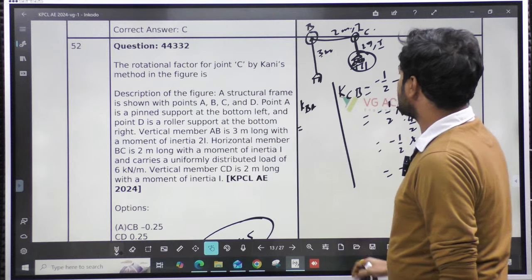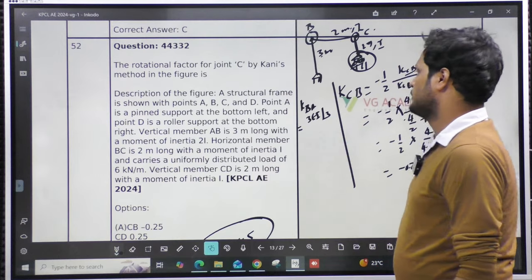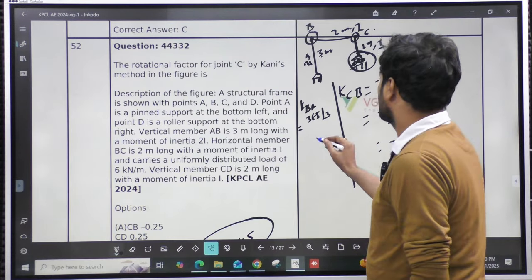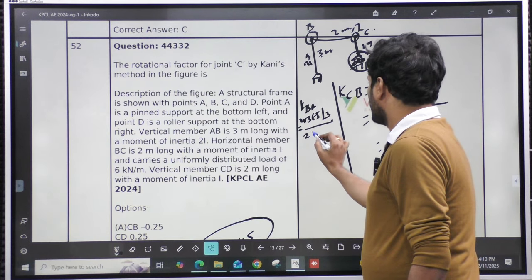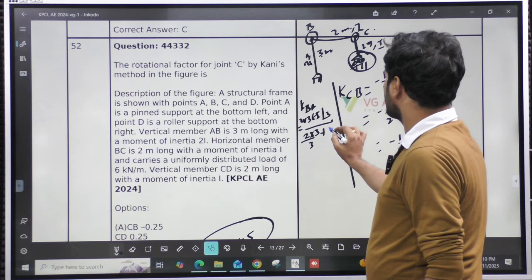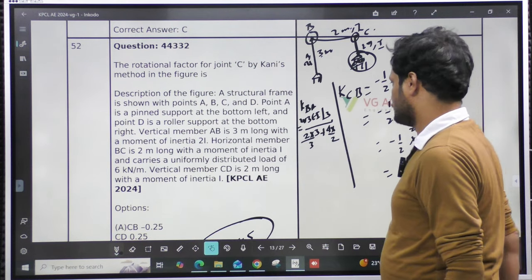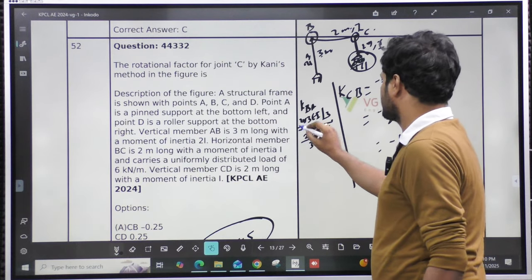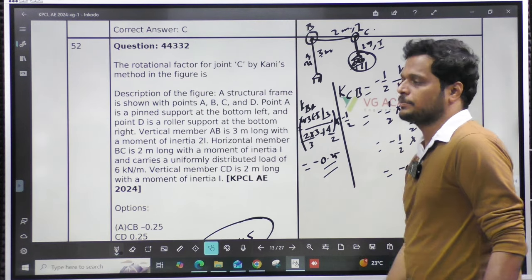So for KBA it is 3EI by L and I is 2, so 2I into 2 divided by 2 into 3 by 3 plus, and this is 4EI by L, what is L? 2. Okay, so into minus 1 by 2, which will be minus 0.25.